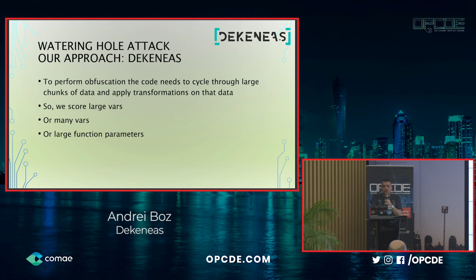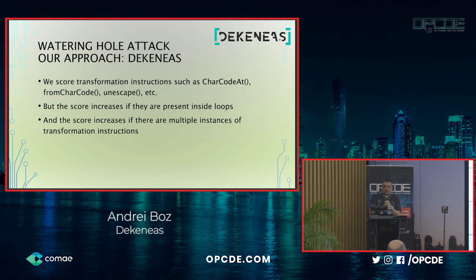So we decided to score large variables, or many variables, or large function parameters. We score transformation instructions such as charCodeAt, fromCharCode, unescape, etc. But this is just an example. There are many more.